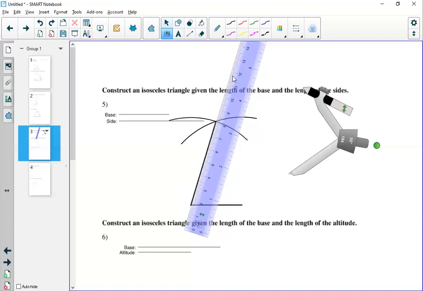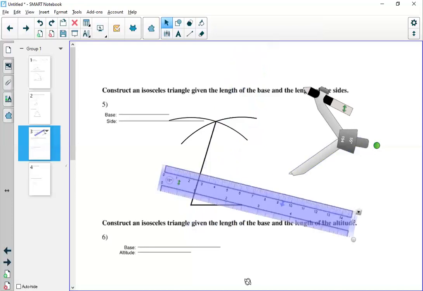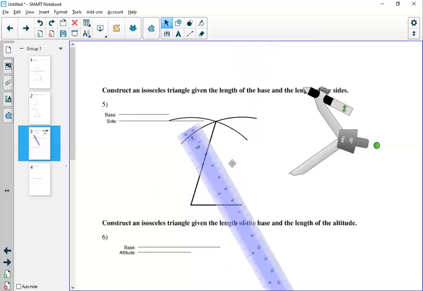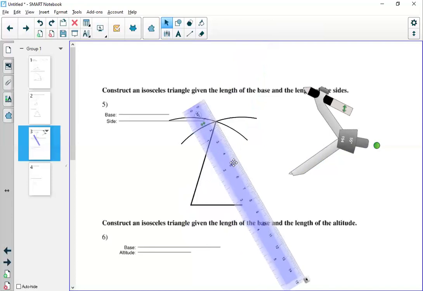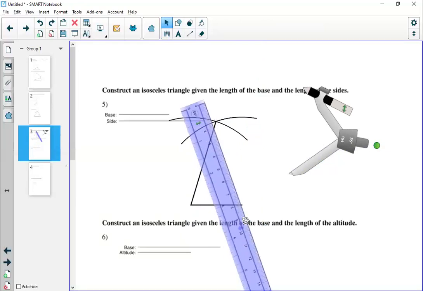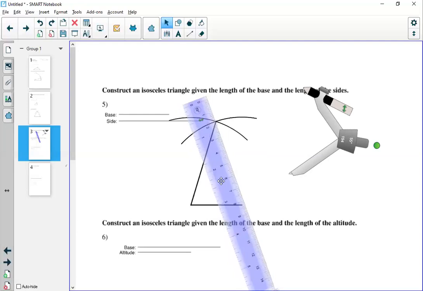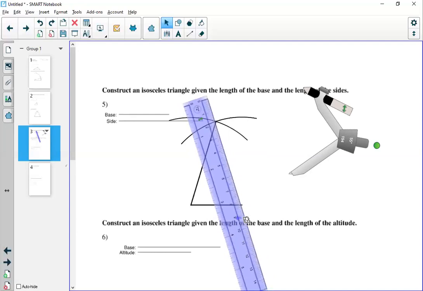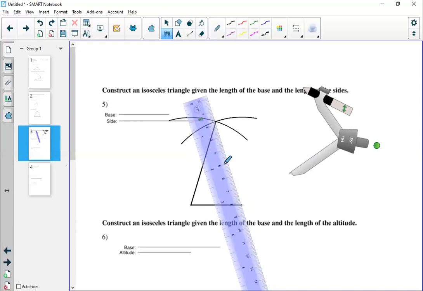Then turn your pencil to the other side and draw the other side of the triangle by connecting the point of intersection and the other end of the base. I think this is okay. So let's now connect it. All right, this is beautiful.